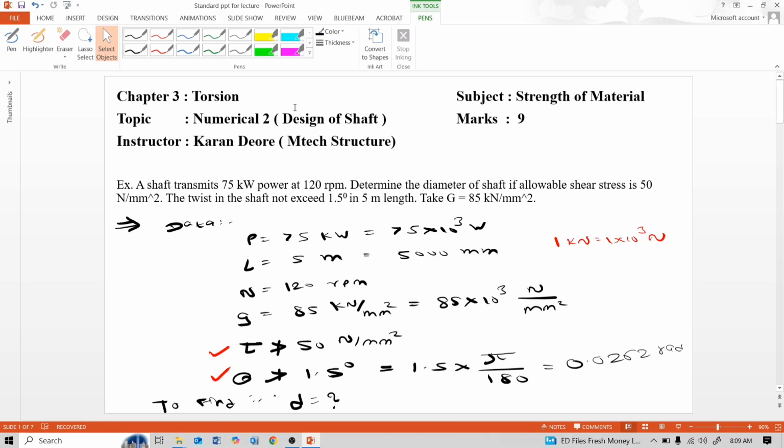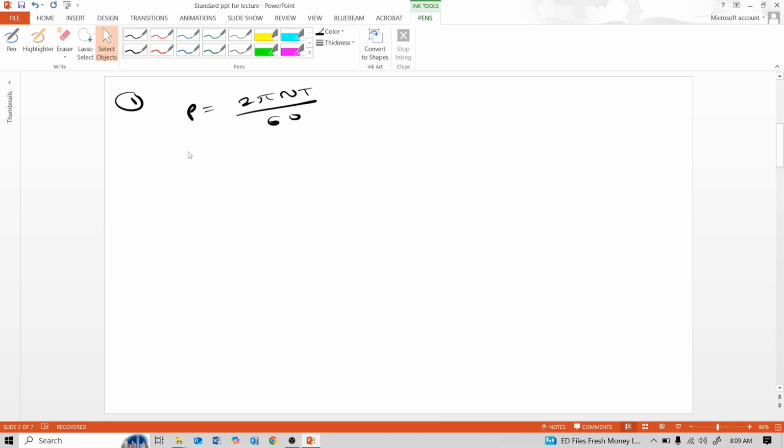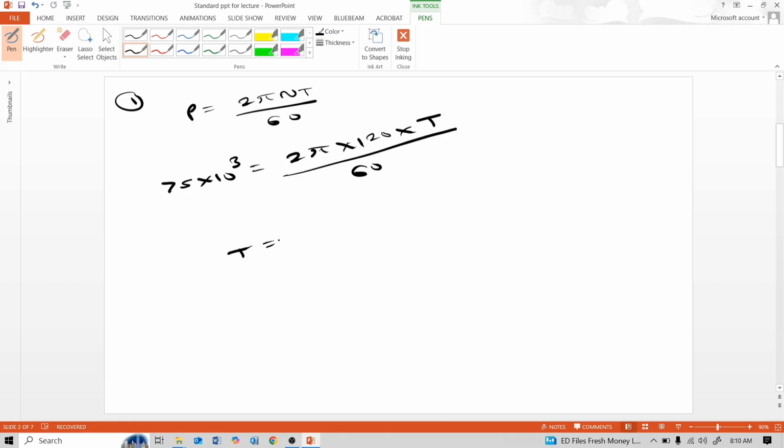Power is 75 into 10 raised to 3 watt, number of revolutions is 120 rpm, and we have to find T. So T is 5.968 into 10 raised to 3 Newton meter.